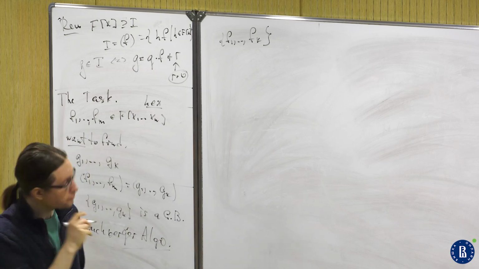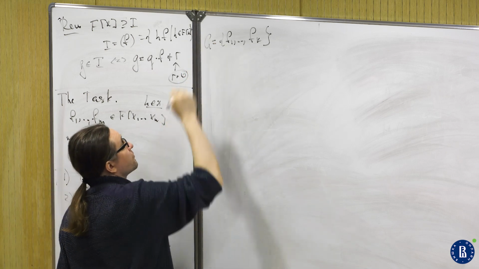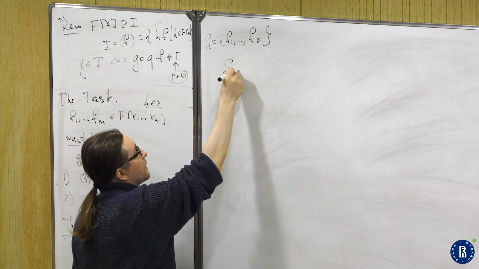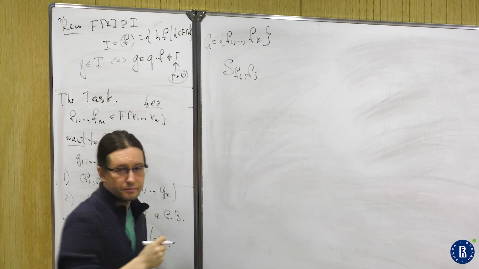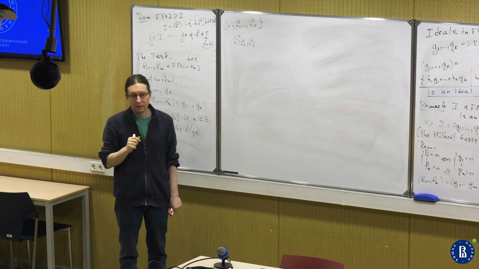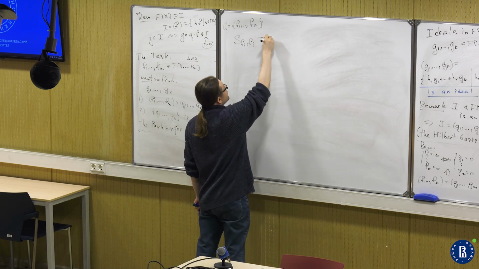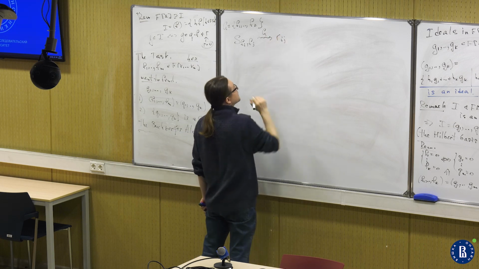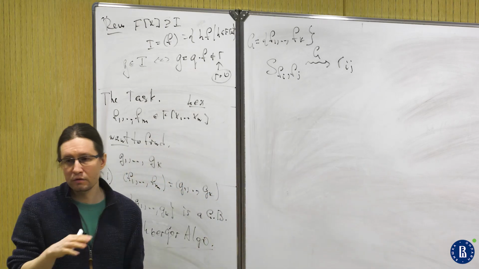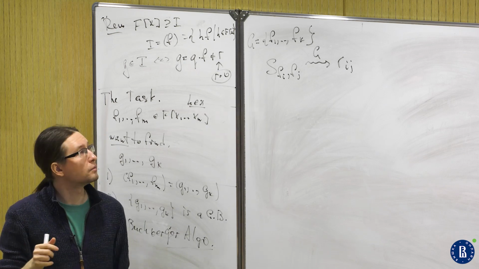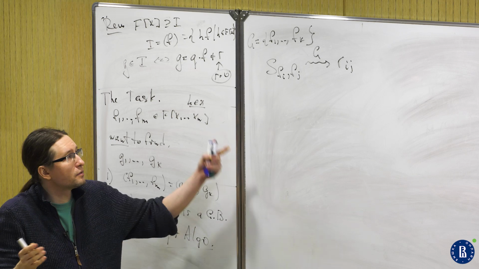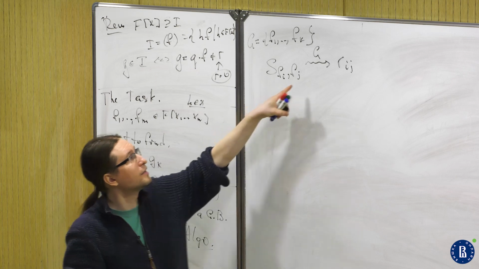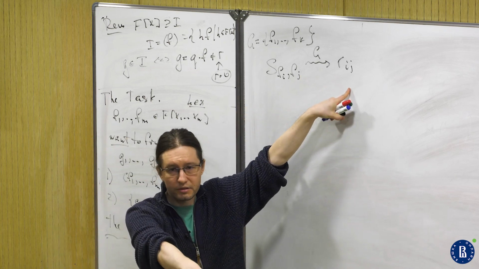Let's say this is G. Step number one: we produce all the S polynomials for all possible pairs. Just compute all of them. Then we reduce them with respect to G to a remainder. We don't know whether it's a Gröbner basis or not. If it's not a Gröbner basis, then each S polynomial may have many different remainders. So we just find at least one remainder. Just reduce until it's possible.